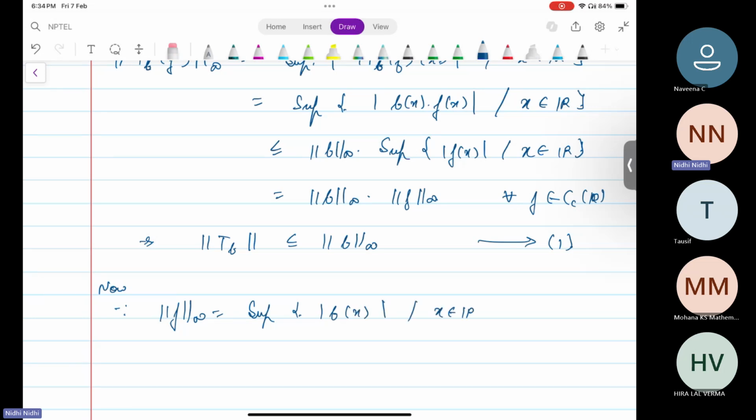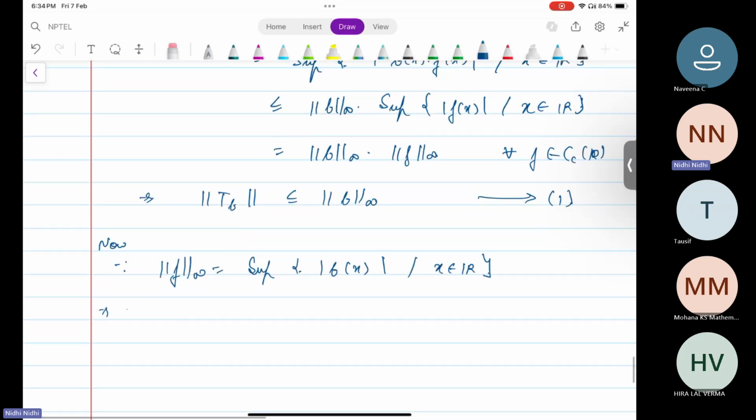We know a property of the supremum: for any epsilon positive, I can find some x naught in R such that if I subtract this epsilon from the supremum norm, that means getting a little bit lower than the supremum, this will be less than or equal to modulus B(x naught).